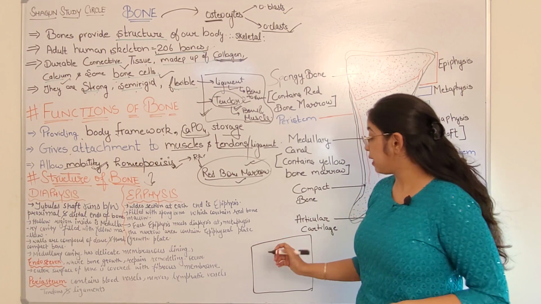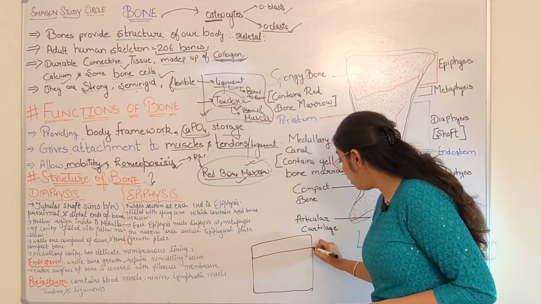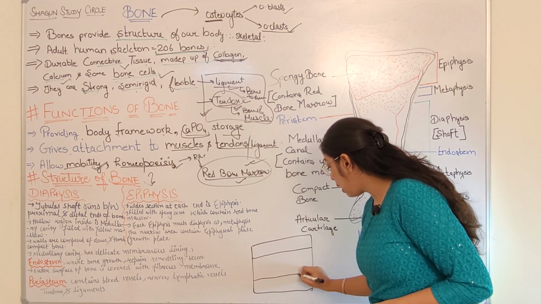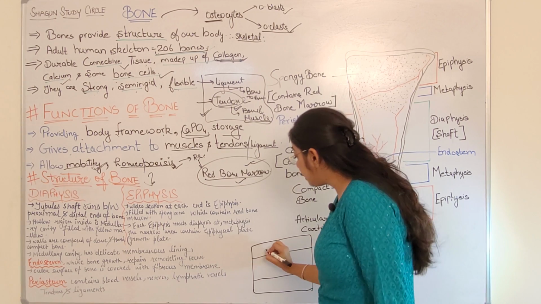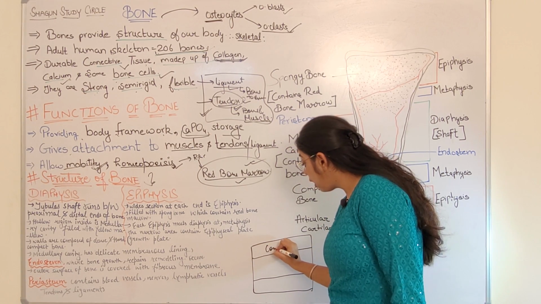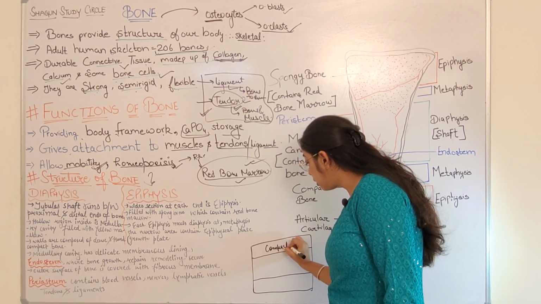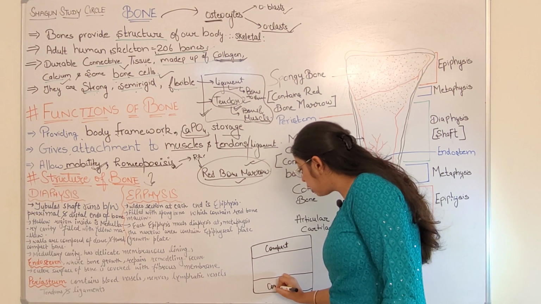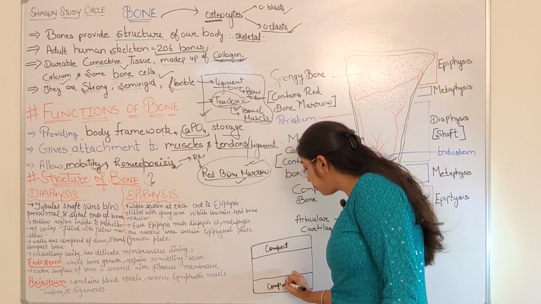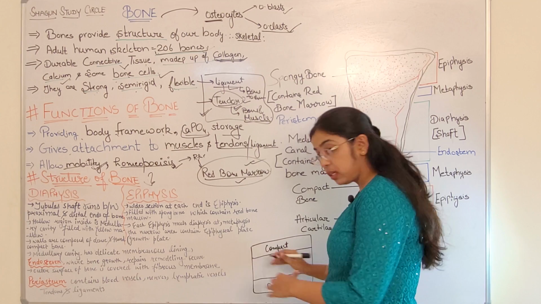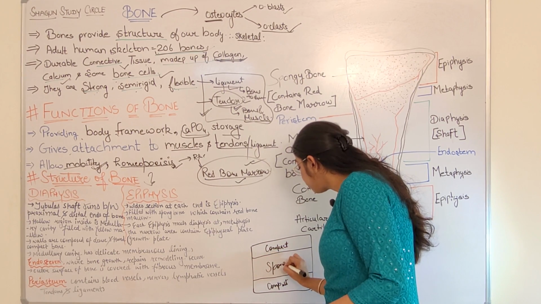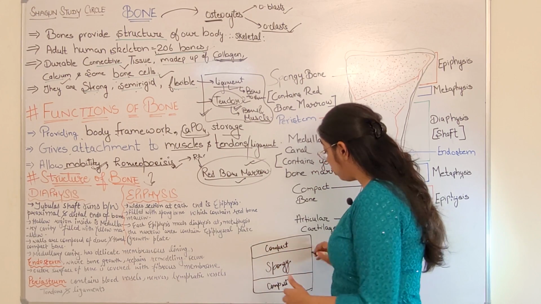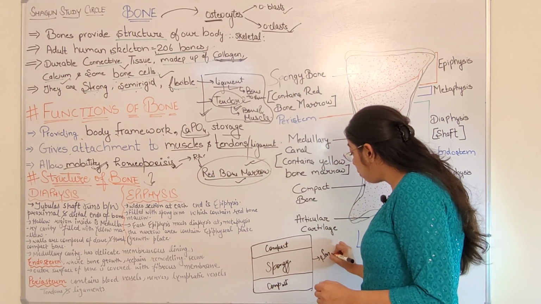A sandwich has an upper layer, a middle layer and a lower layer. The upper layer here is called compact. The lower is also called compact, whereas the middle portion is spongy in nature. And that's all. This is your short bone.